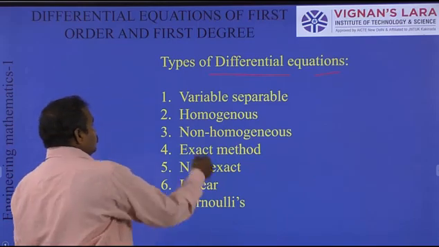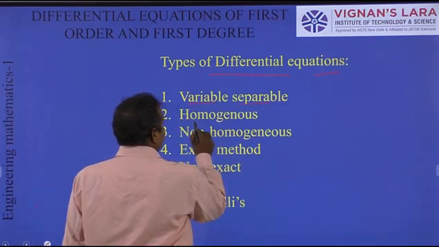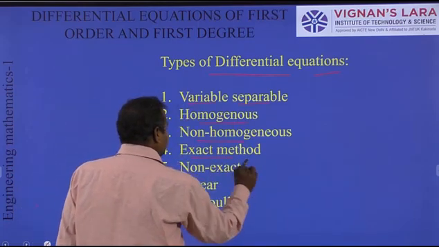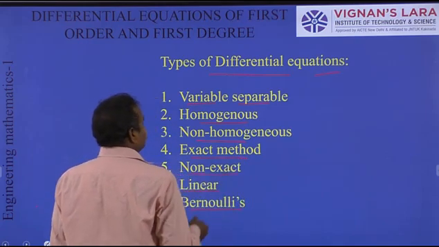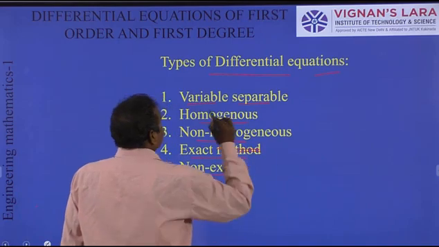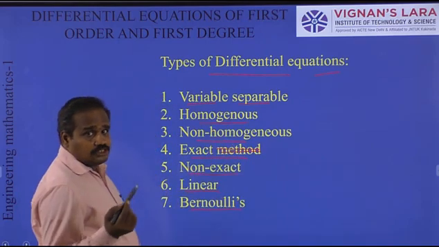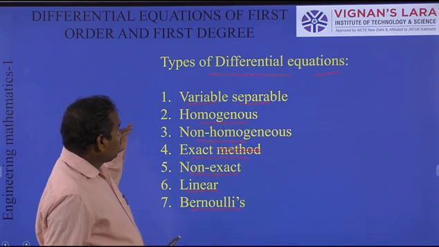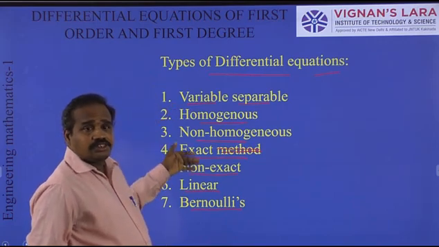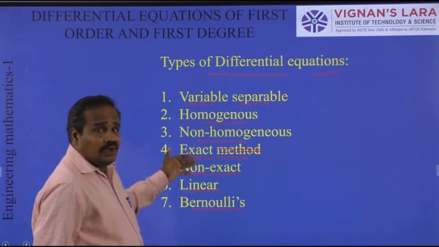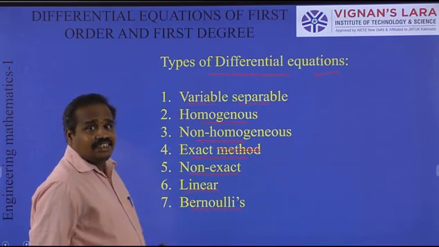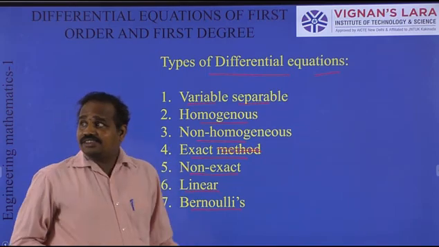In that, variable separable equations, homogeneous, non-homogeneous, exact, non-exact, linear, Bernoulli differential equations. So here 7 types of differential equations we are learning: variable separable equations, homogeneous equations, non-homogeneous equations, exact equations, non-exact equations, linear equations, and Bernoulli's equations.